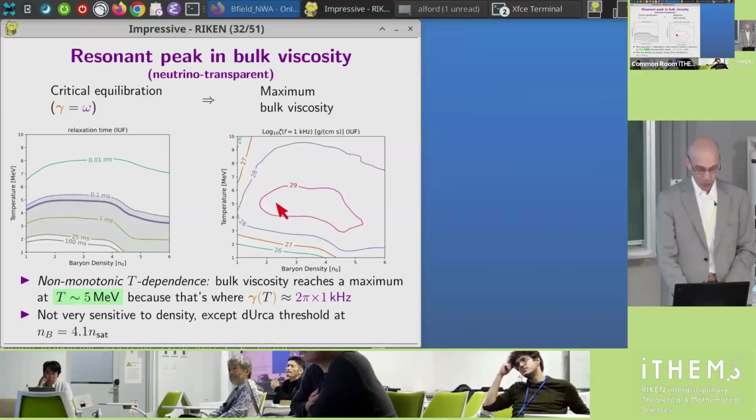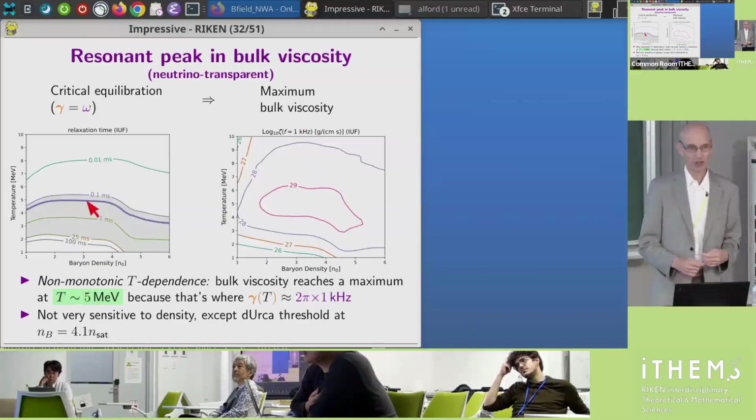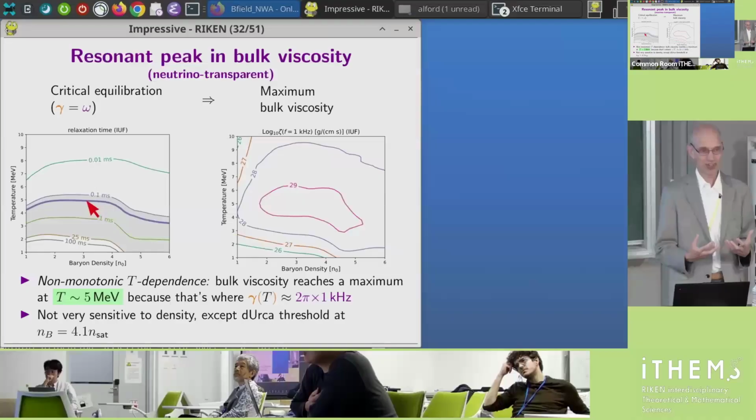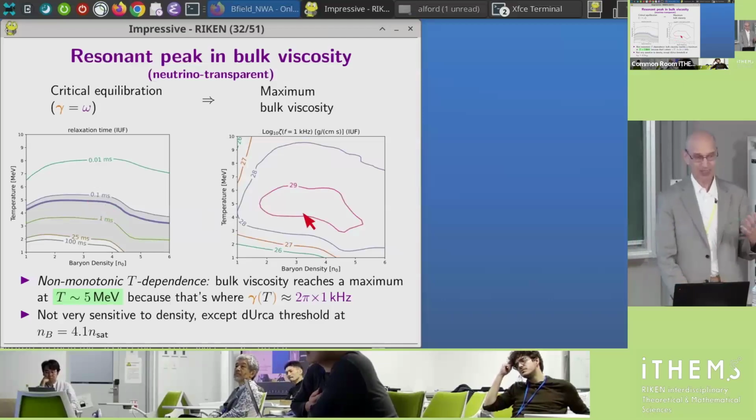And what is that temperature? Well, it's exactly the same as the temperature at which the critical equilibration is reached, the temperature at which the proton fraction relaxation rate coincides with the frequency of the applied density oscillation. And this bulk viscosity depends on the frequency of the oscillation. So what we see here for the bulk viscosity is this non-monotonic temperature dependence.